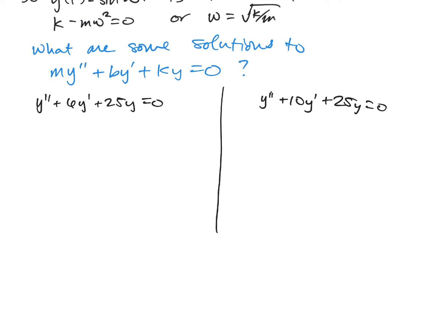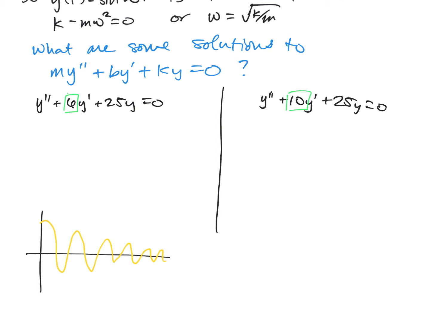So I'm going to give two examples here, and they both differ just by b, which is the damping term here. And so we can imagine that maybe we have some sort of spring where you have a little bit of damping. So you start off like this, but you're getting smaller and smaller and smaller. And that's what happens in this case.